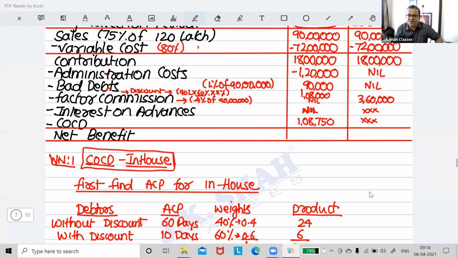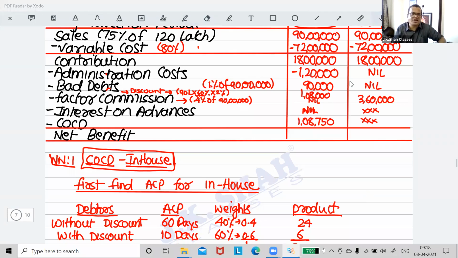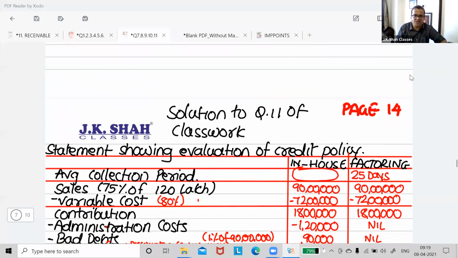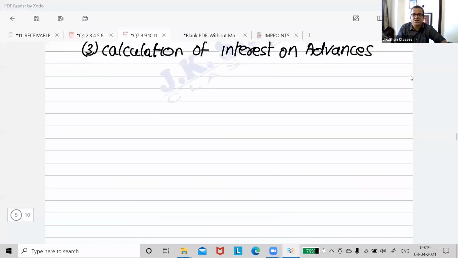Now let's proceed finding the remaining things. What is still remaining? Interest on advance is remaining, and COCD is remaining. I will make you recollect what we had discussed. You have taken the screenshot, so you can always refer to it.